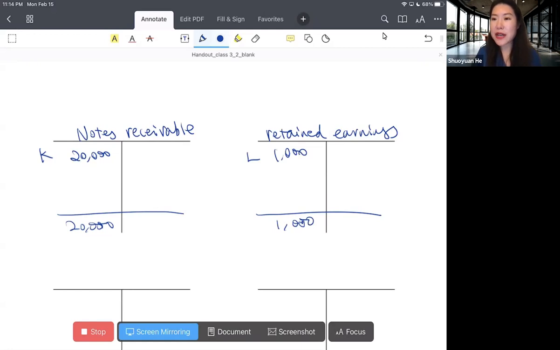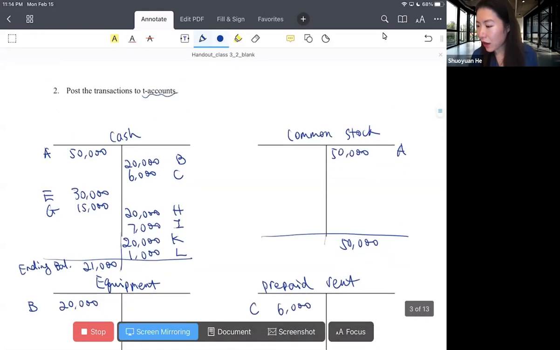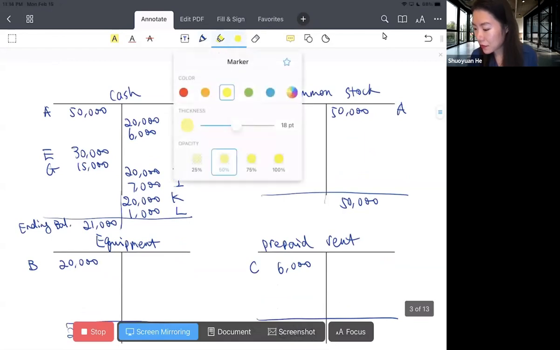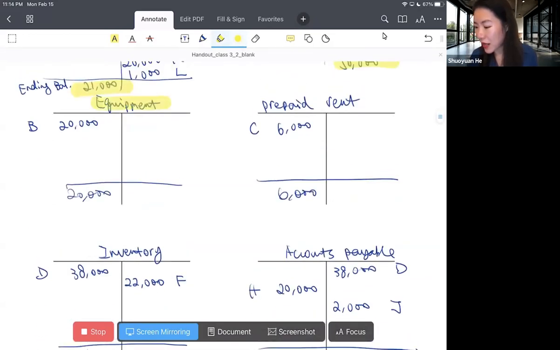So after having calculated the balance for all of those accounts, we take the balance of those accounts. So we take cash 21,000, common stock 50,000, equipment 20,000.